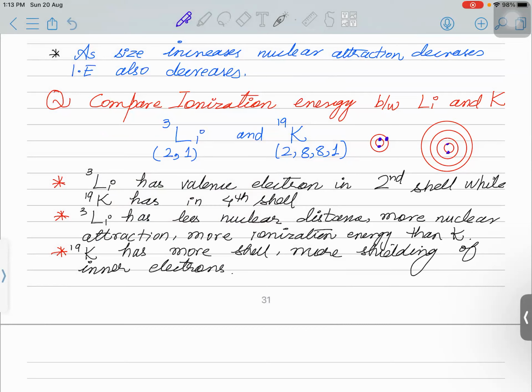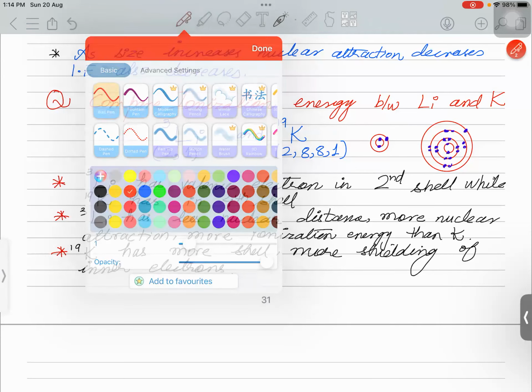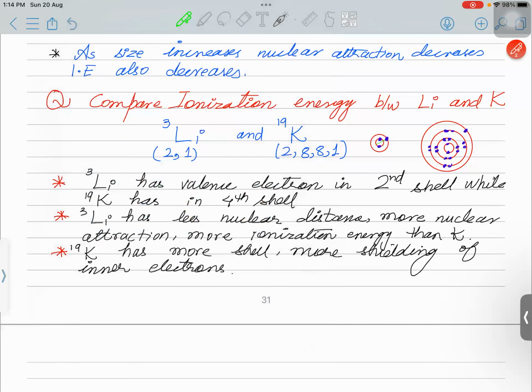Here we have 1 to 8, 1 to 8, and 1 electron. This is the nuclear distance.